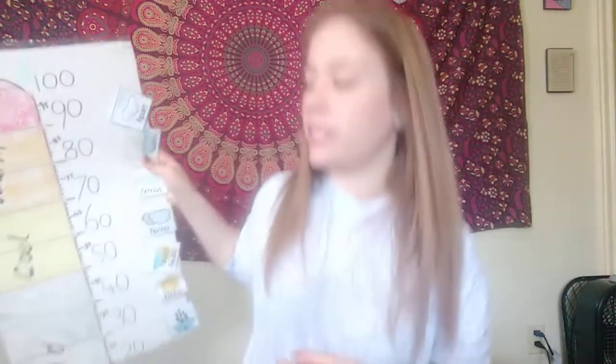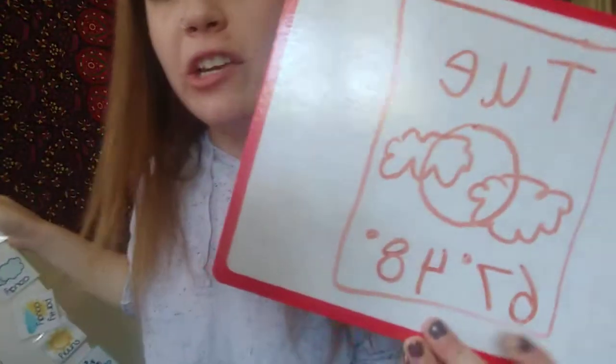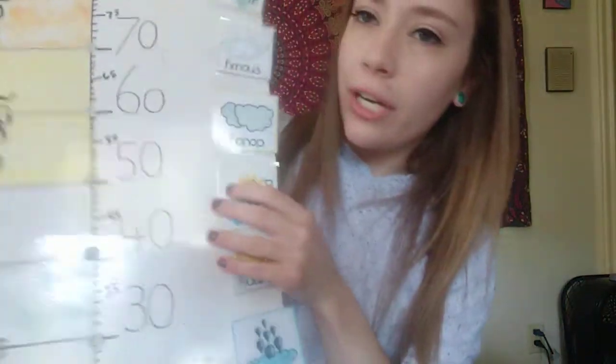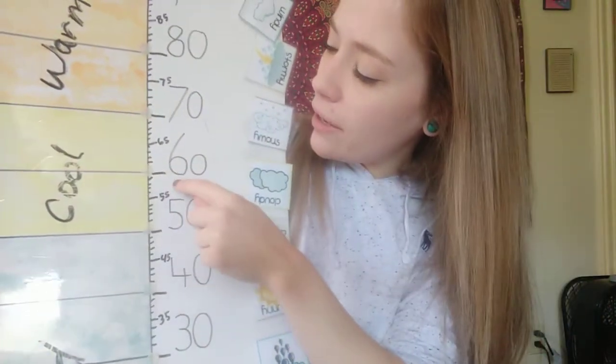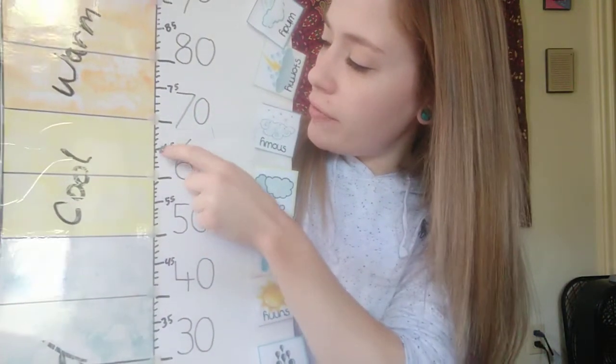But that can also get confusing, because sometimes it doesn't correspond with the information we see. So I'm going to check out. We set our high for the day. It's going to be 67 degrees Fahrenheit. So I'm going to look on our temperature scale, and we have 60, 65, 70.